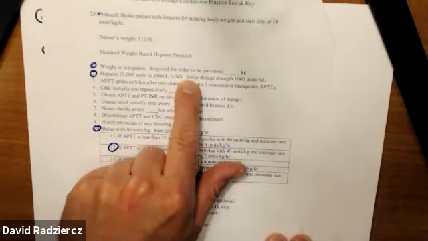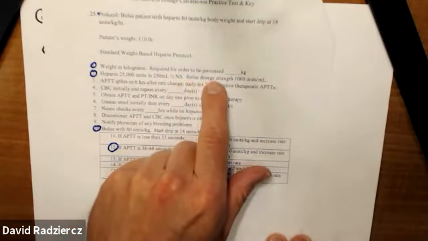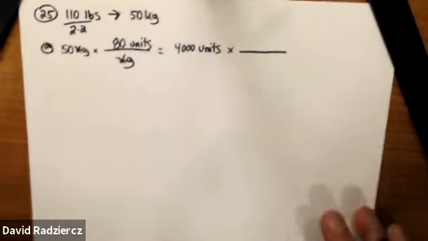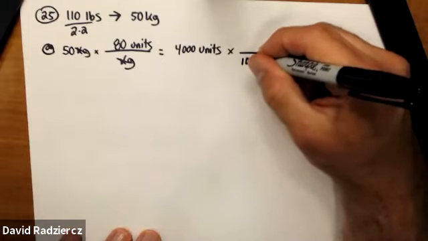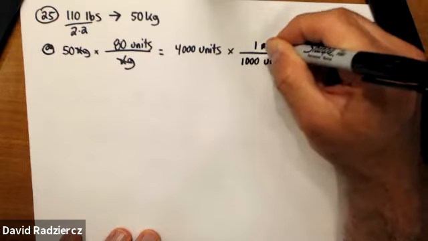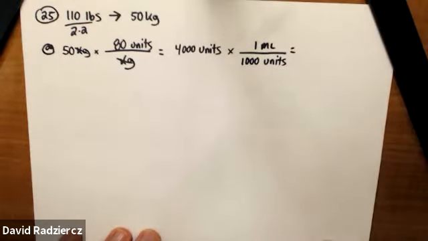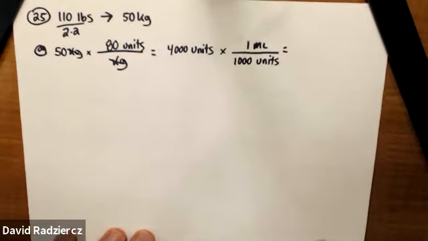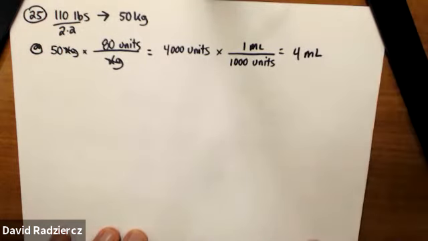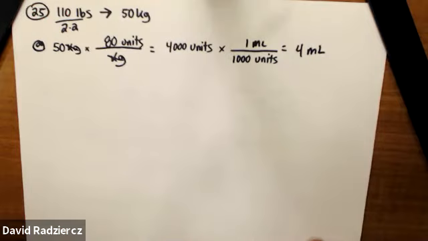Step 2 of the protocol tells you that the bolus dosage strength is 1,000 units per milliliter. 4,000 divided by 1,000, 4 milliliters is the answer for the initial bolus dose.